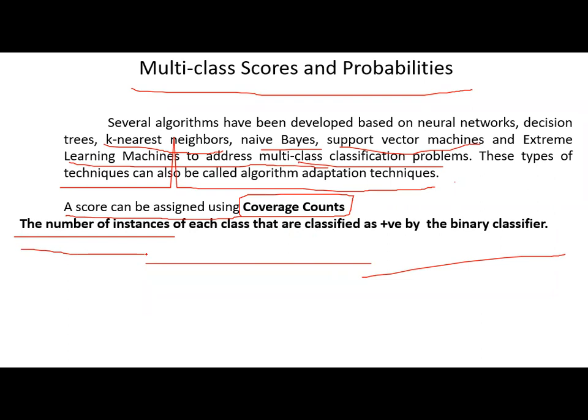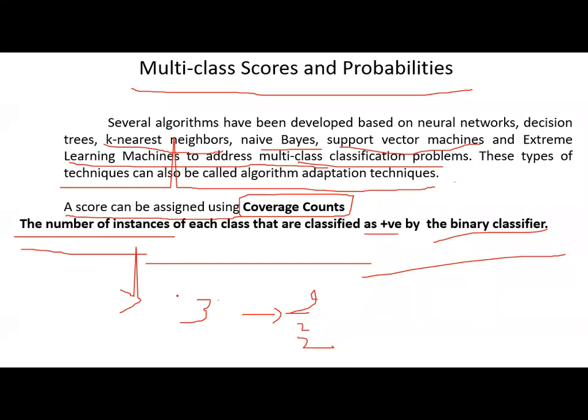The number of examples of each class that are classified as positive by the binary classifier. We have divided the multi-class problem into n binary classifiers. If three classes are there, we have divided them into two different classes, that is one versus rest, one versus one.